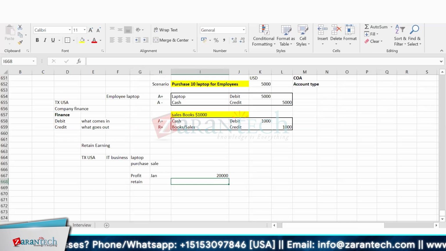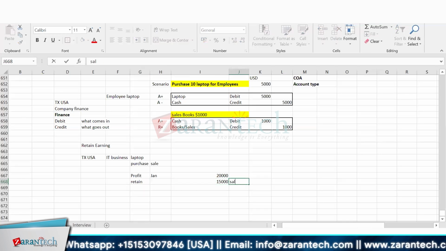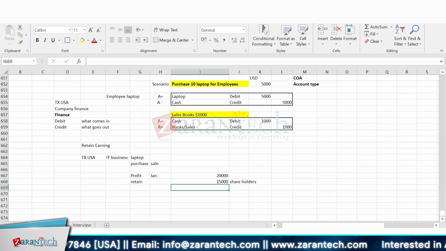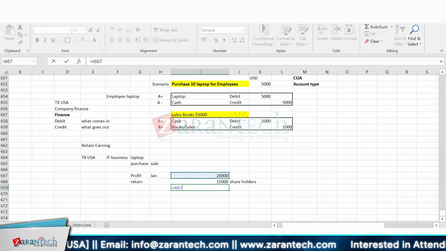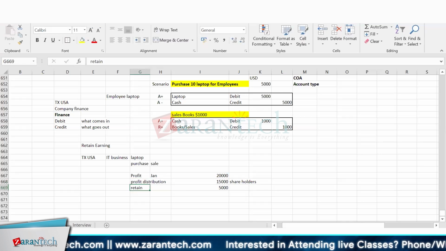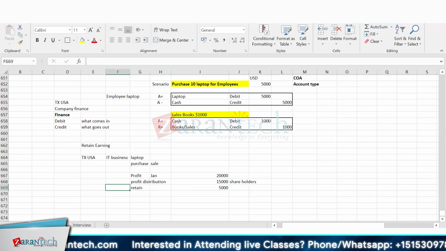So they may distribute $15,000 to the shareholders, because shareholders invest this amount and want to earn money. So 15,000 is there and 5,000 remains. That is profit distribution, and this is retained profit. This retained profit is my retained earning, 5,000. This is what is called the retained earning account, normally hit.